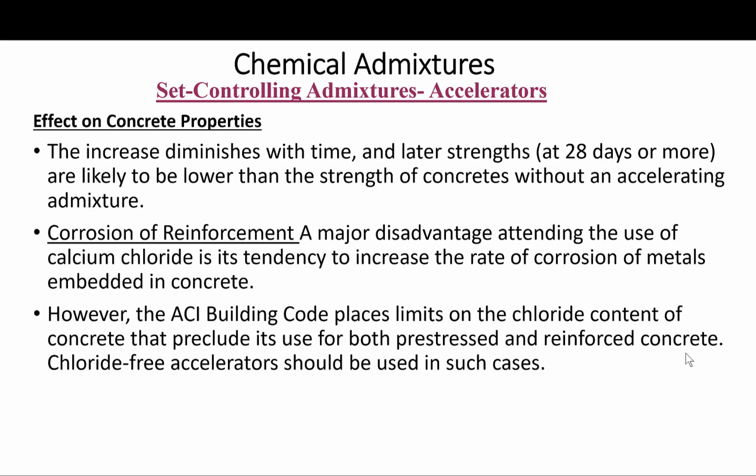So basically the extreme case is that some quick-setting admixtures may have lower strength at 1 day, even though some strength is obtained very rapidly. So again, testing has to be done in order to investigate and understand the effects.